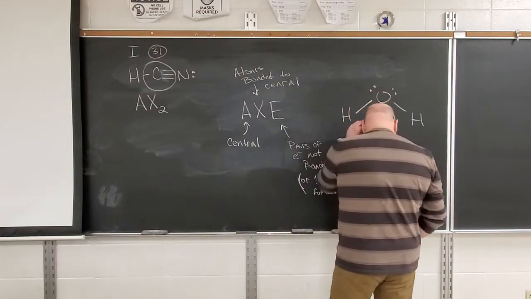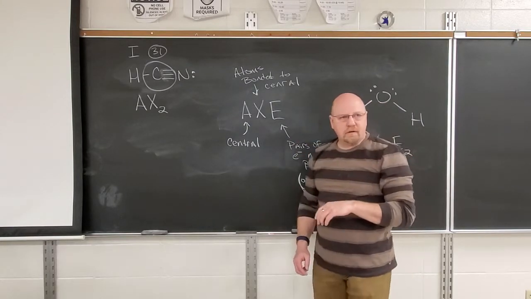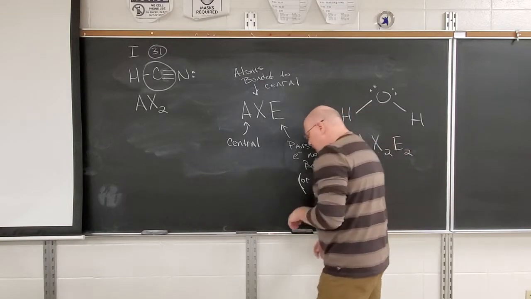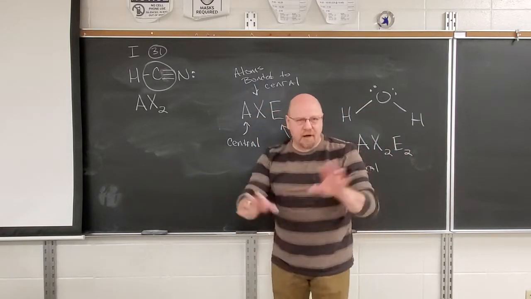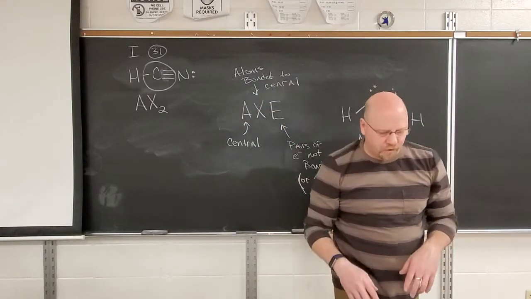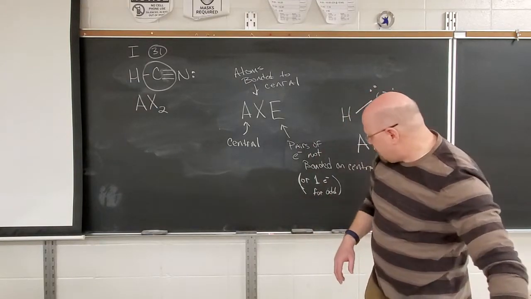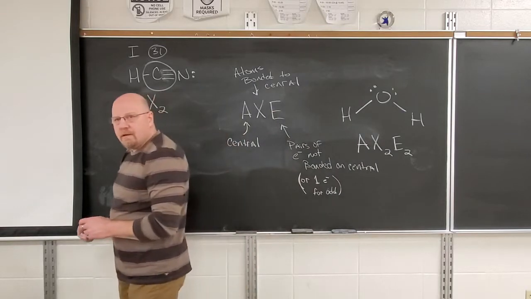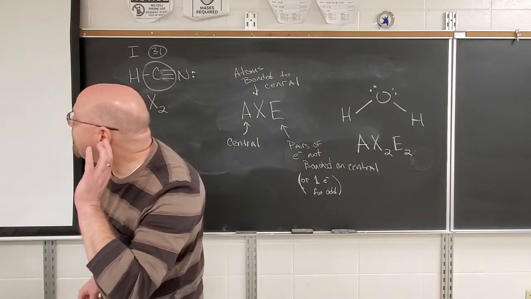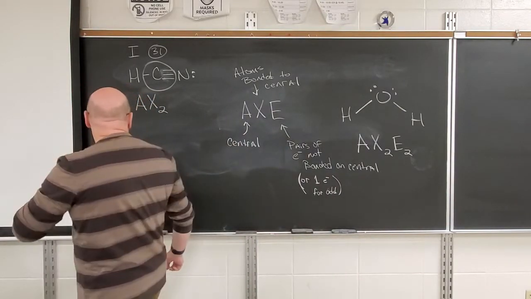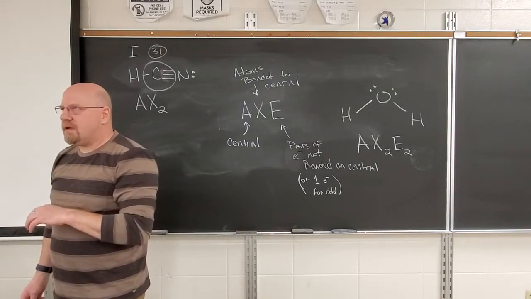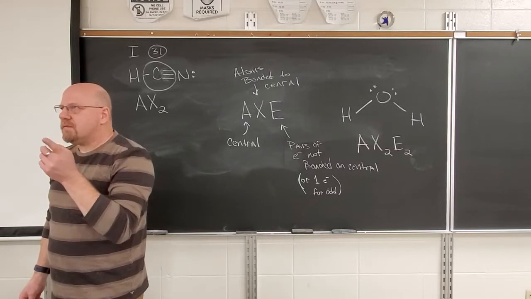Somebody give me another one that's got lone pairs. Brennan, give me a Lewis structure. I don't care which document it comes from, 1 or 2. 31 on the second one, PO. Phosphorus.